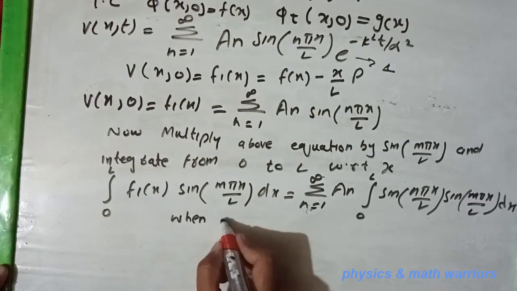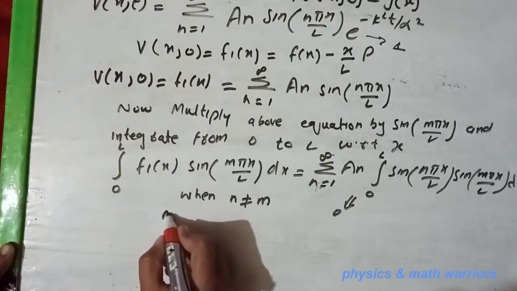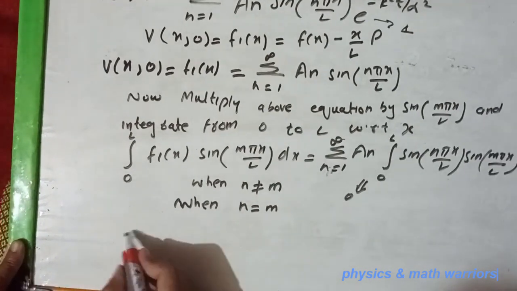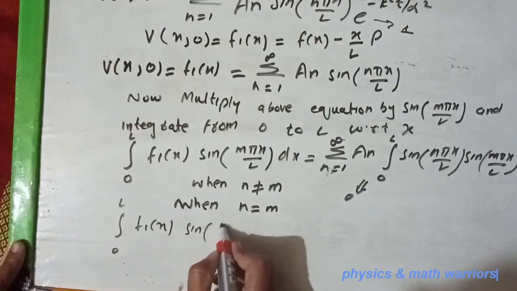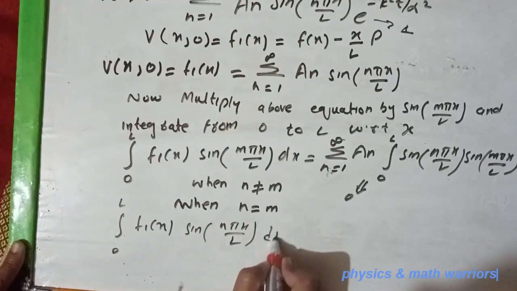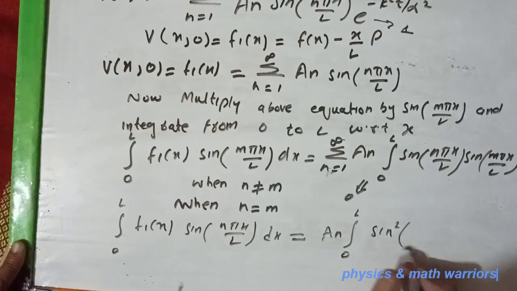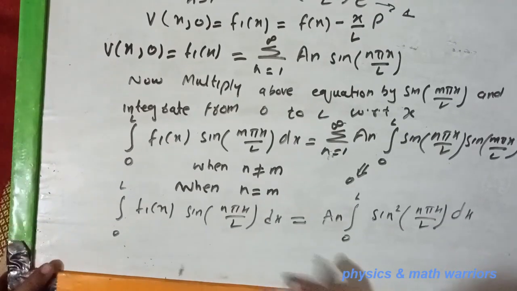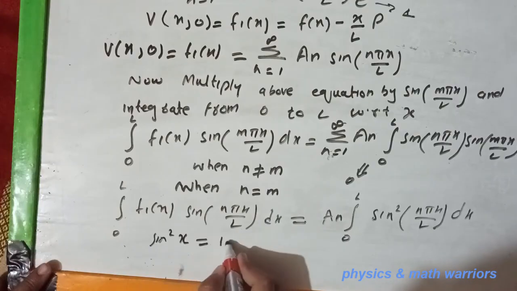When n is not equal to m, this integral is equal to 0, but when n is equal to m, this integral becomes integral from 0 to L f1 of x sin n pi x over L dx is equal to an integral from 0 to L sin square n pi x over L dx, and sin square x is equal to 1 minus cos 2x over 2.